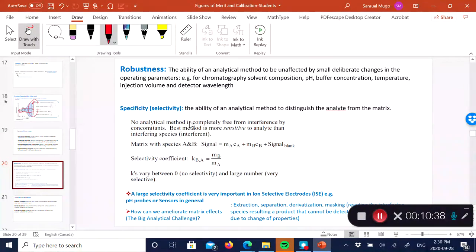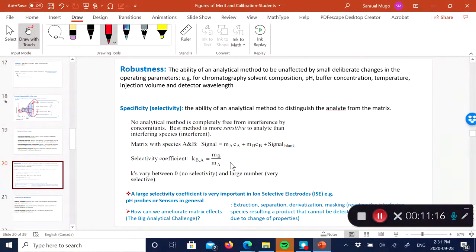Now, the other figure of merit is the so-called specificity. Sometimes people call it selectivity. This is the ability of the analytical method to be very specific in analyzing the analyte while being completely blind to the matrices. You quantitatively measure it using what they call the selectivity coefficient, where you get the slope of the interfering species, the B, divided by the slope of the analyte.